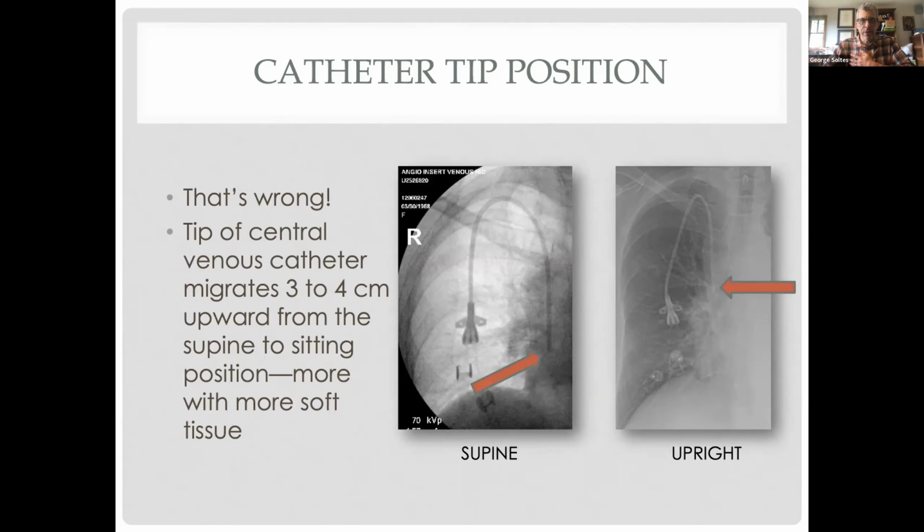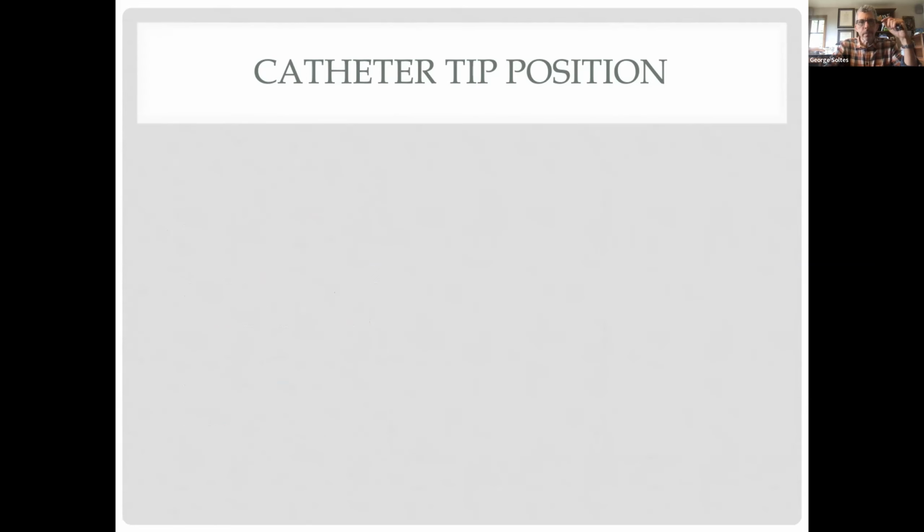Gravity causes those soft tissues to go down, more on larger people, more on women, which, this being of a finite length, causes the tip to pull back. So if you start with this picture on the right that looks perfect, supine, when the patient sits up, that catheter tip's not going to be where you want it. In general, on average, they migrate up about 3 to 4 centimeters, but more in bigger patients.